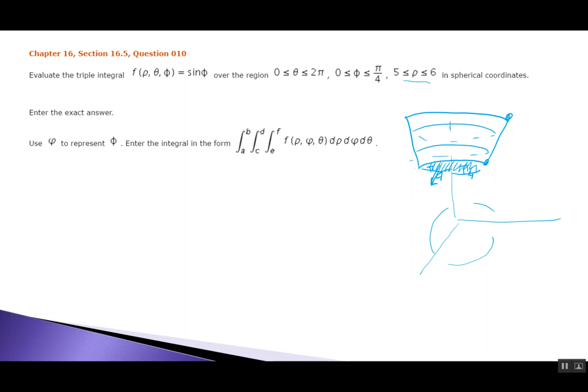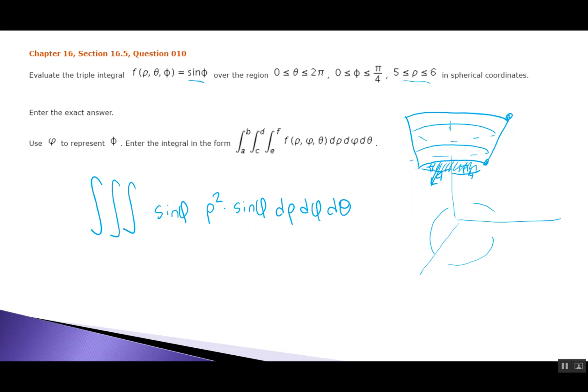So let's put this thing together. I'm integrating sine phi. So there's my function. I need a rho squared sine phi d rho d phi d theta.